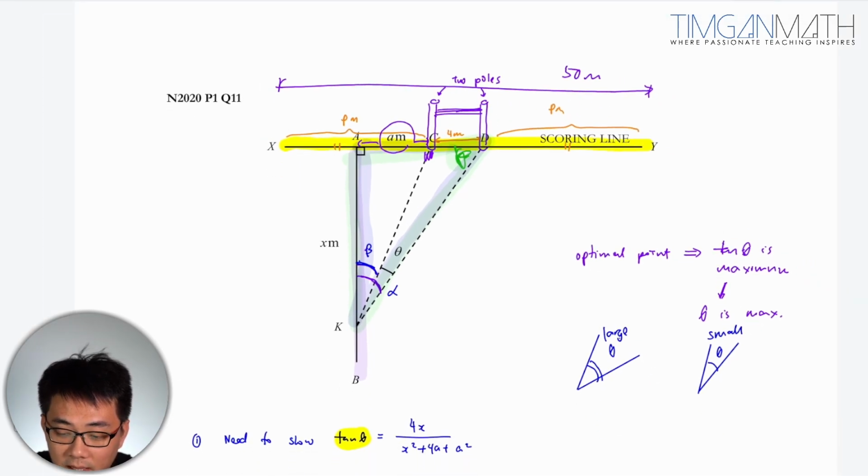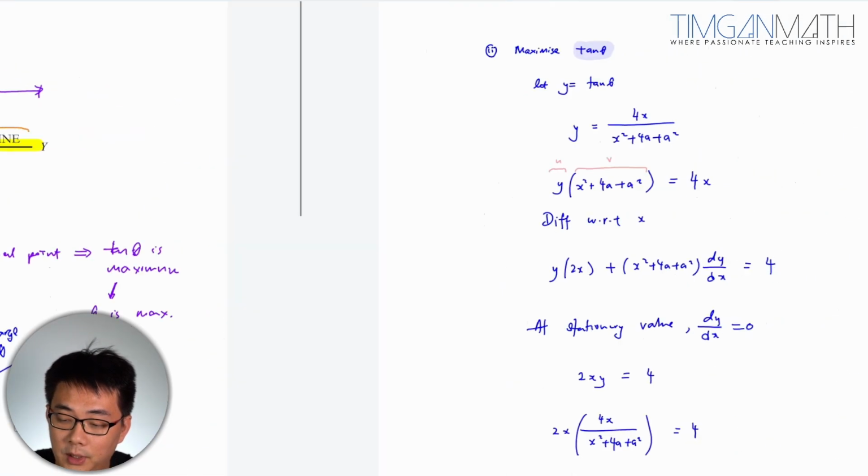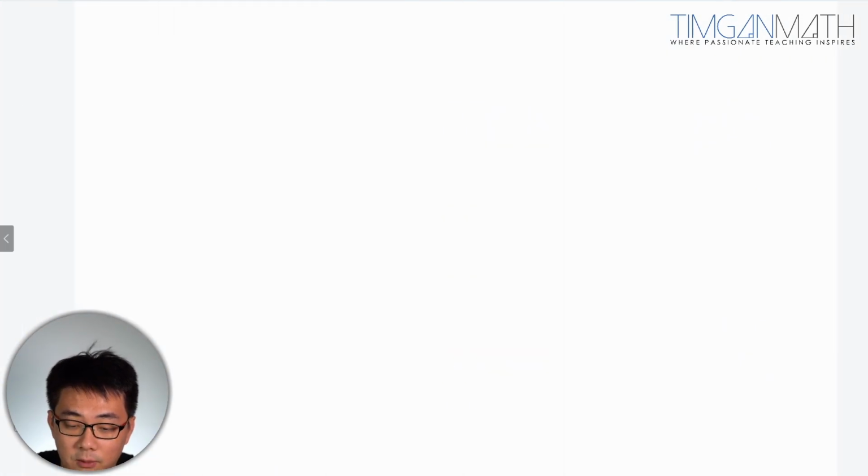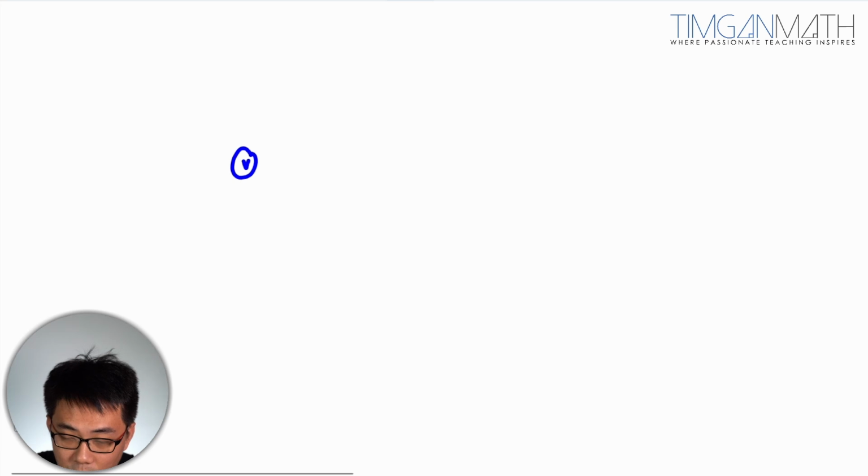Let me just write that down because this is important. We need to form an inequality because we are asked to find the range in which the optimal angle lies as the location of A varies. From the diagram, we know that A is 0 to XC.